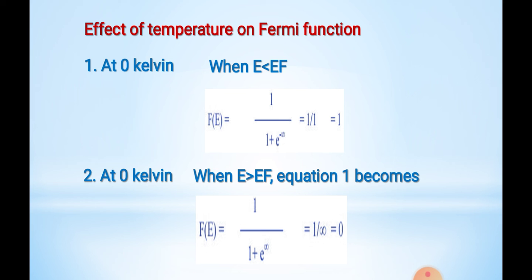Here the condition is E greater than Ef, so E minus Ef will be a positive value. A positive value divided by 0 is infinity. So 1 by 1 plus e power infinity becomes 1 by infinity, which is equal to 0. The Fermi function being 0 means the probability of occupation of an electron is 0. That means above the Fermi level no electrons will be there. So that is the second case.